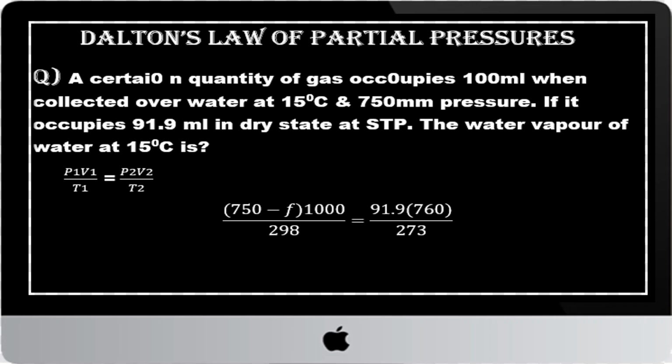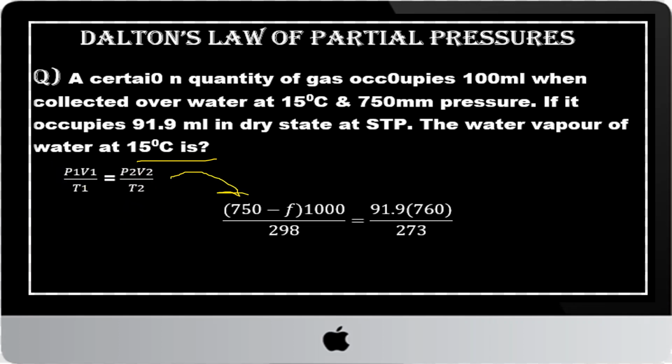A certain quantity of gas occupies 100 ml when collected over water at 15 degrees Celsius and 750 mm pressure. If it occupies 91.9 ml in dry state at STP, the vapor pressure of water at 15 degrees Celsius is? Using the equation discussed in the different forms of the ideal gas equation, P1V1 by T1 equals P2V2 by T2.